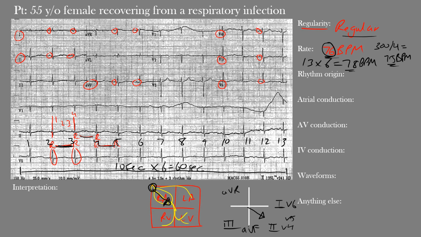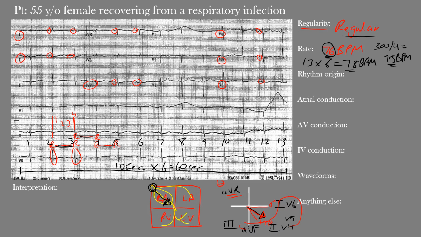So notice that we have this wave, this electrical axis, our P wave heading in this direction. It actually goes between 0 degrees and positive 75, okay? So if we have that depolarization wave heading towards those leads, we should see upright P waves in these leads here, okay? And because it's heading away from lead AVR, that's why we see the negative P wave in that lead, okay? So hopefully that makes sense.